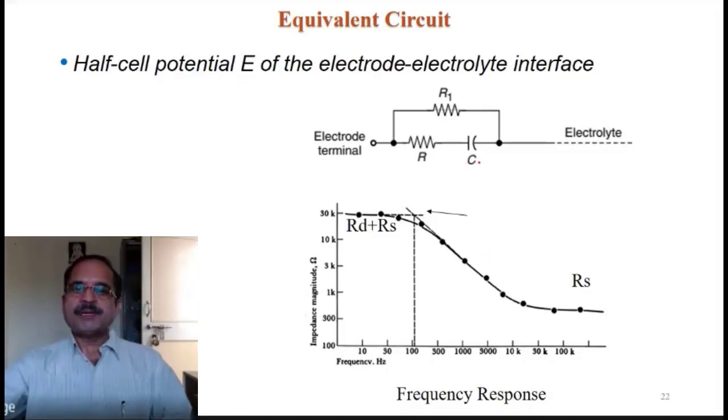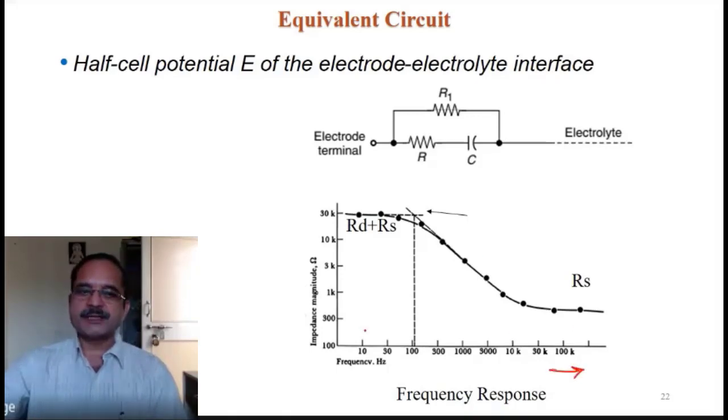Now since there is a capacitor here, the behavior of this electrode will be frequency dependent. So this diagram shows the frequency response for this electrode, assuming this equivalent circuit.